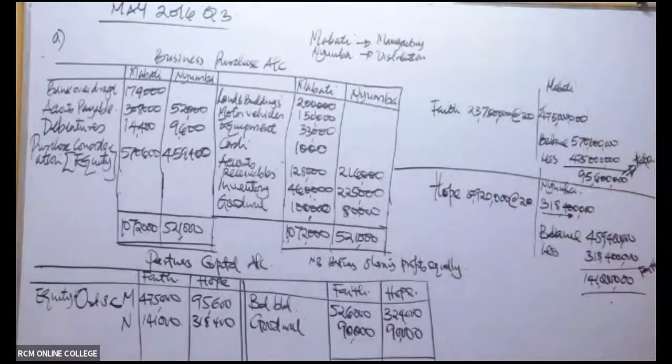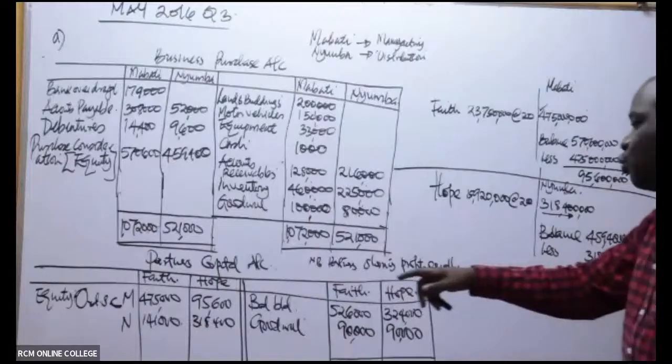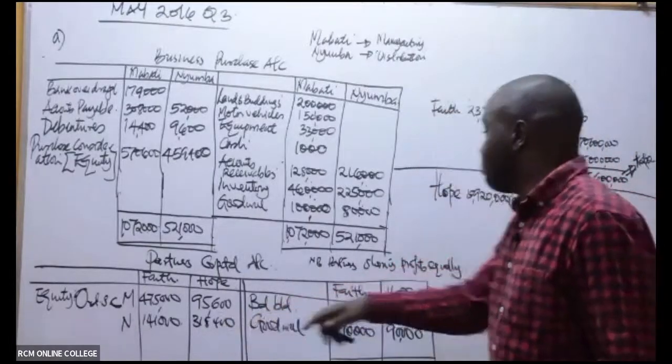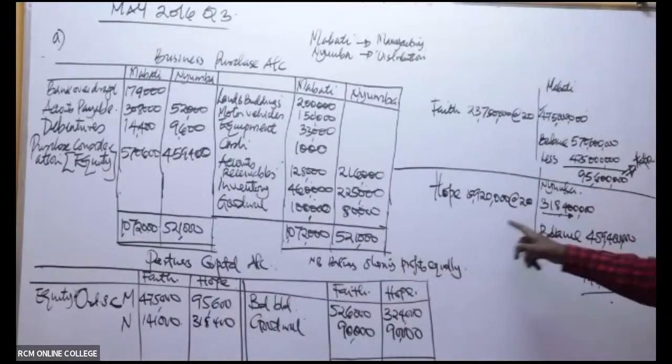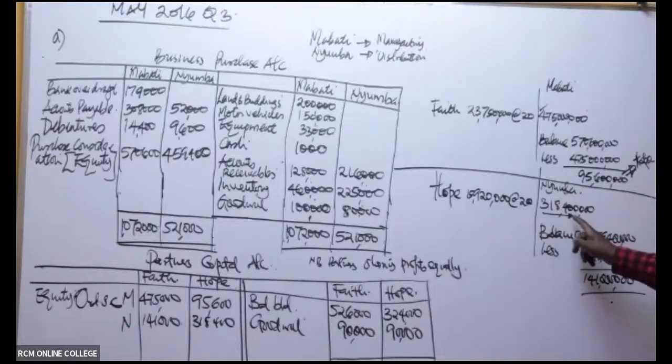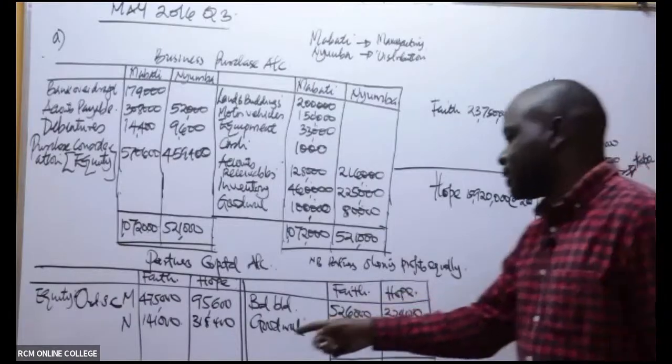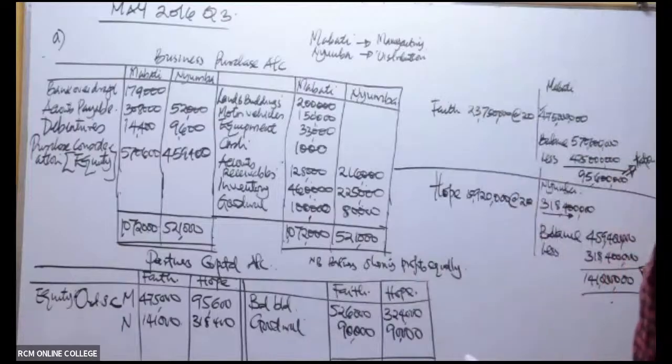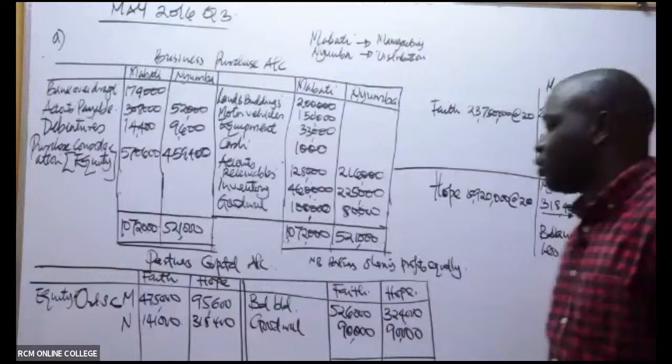Hope got 95,600,000, which is here. And from Nyumba, Hope got 318,400,000, which is here. And our friend Faith got 141 million, which is here.